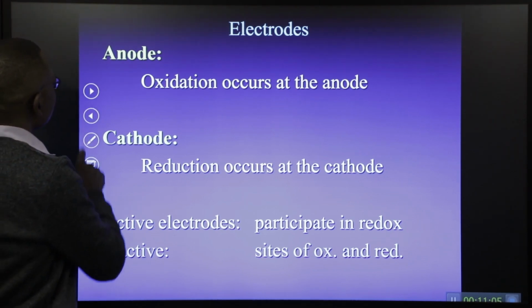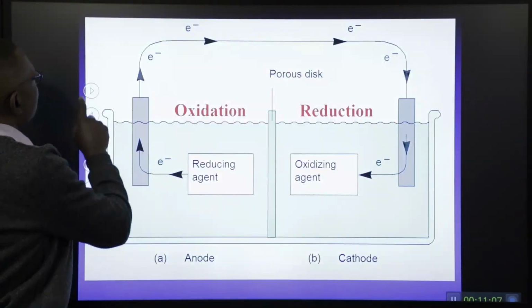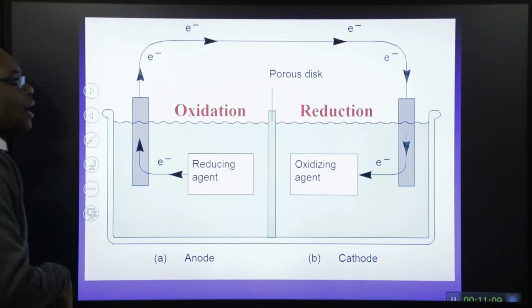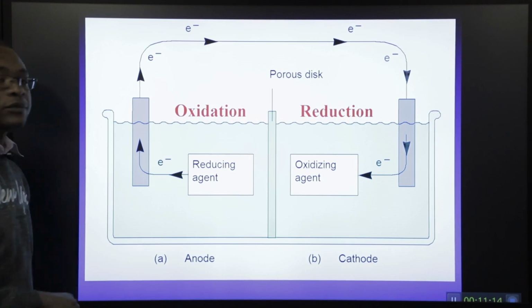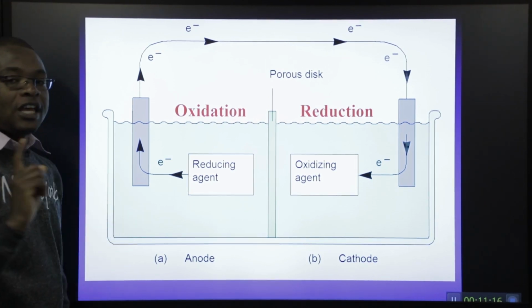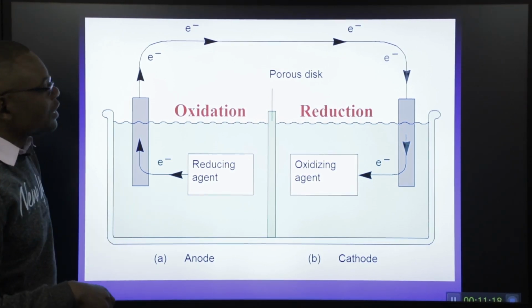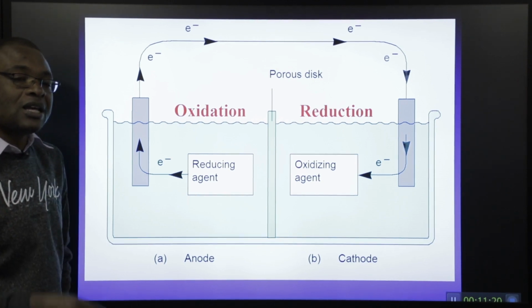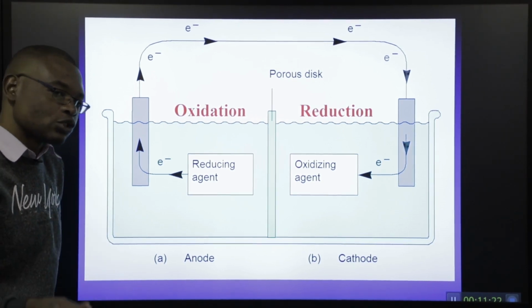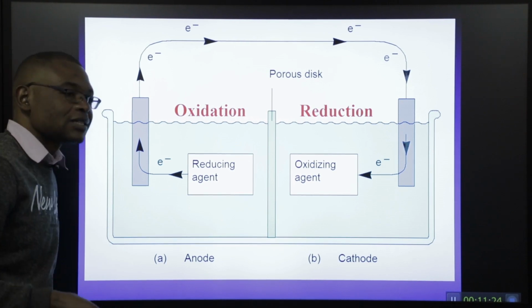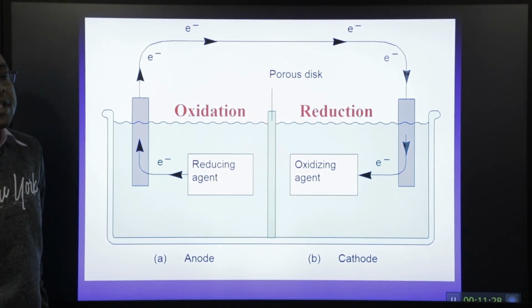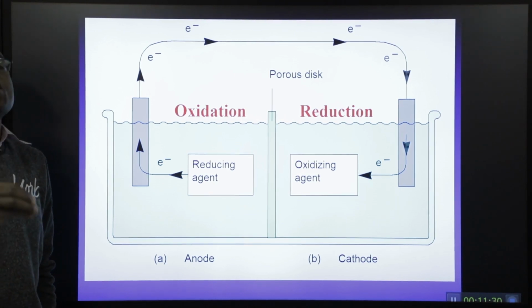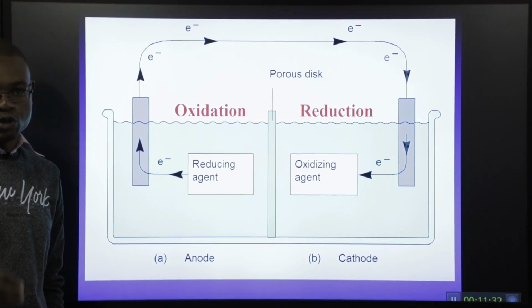So let's try and relate here. Who and where and why are electrons being lost at the anode? So hear me very well. We agreed that there is a solution, and in this solution we called an electrolyte, and in the electrolyte there are ions, and these ions serve the purpose of transporting electrons through the solution.